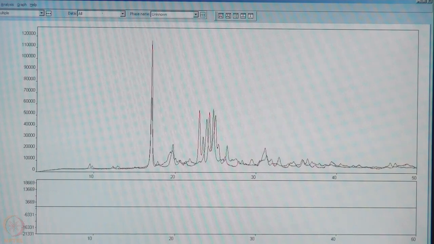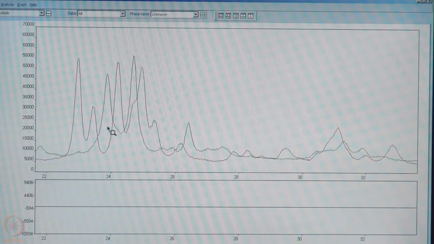If we know that the sample contains a particular compound and it was crystallized by two or more different methods from different solvents and so on, and we have a powder material originating from the same compound, from 4 or 5 different crystallization methods yielding differently looking crystals, then the powder X-ray diffraction pattern has to be recorded on all the samples, all the powders, and then compared like this by peak to peak matching, to see whether there is a difference in powder pattern as we are seeing here.